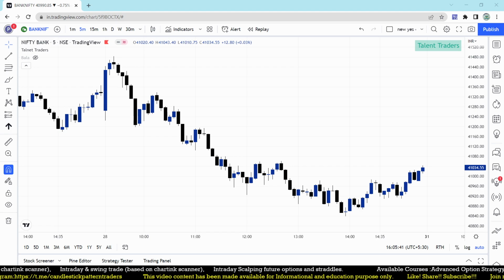If I'm going to focus on Bank Nifty 41,500 put option, because it is giving me an initial sell trade. If I'm going to focus on a put option, just wait, let me check how it performs.